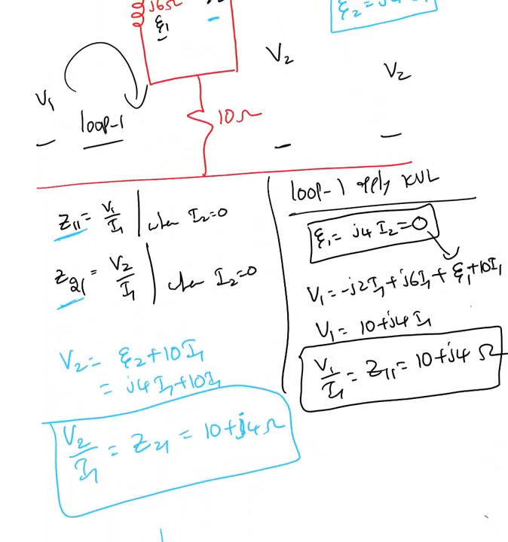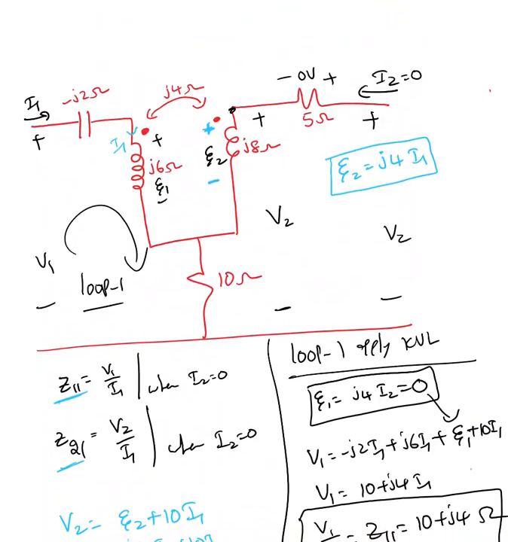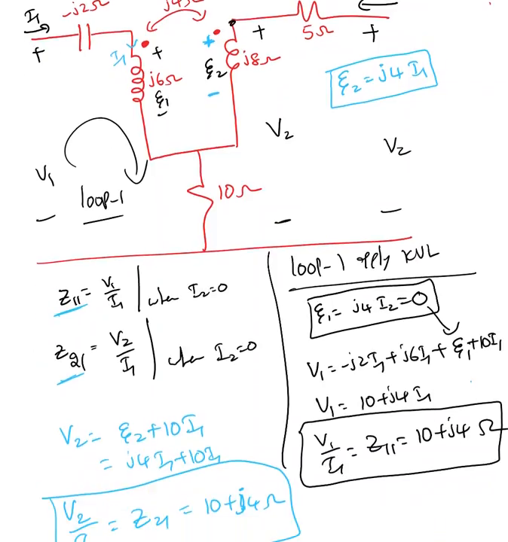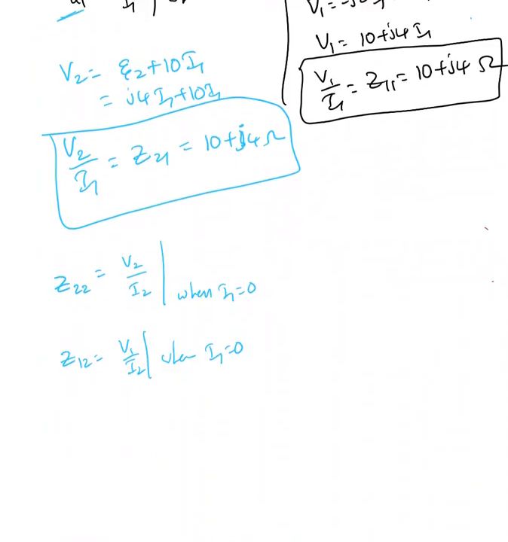Since I1 equals 0, I can ignore this capacitive reactance in this circuit, because there is no voltage drop across the capacitor reactance because I1 equals 0. So I'm going to redraw the circuit, but I will include the capacitor reactance too to avoid any confusion.